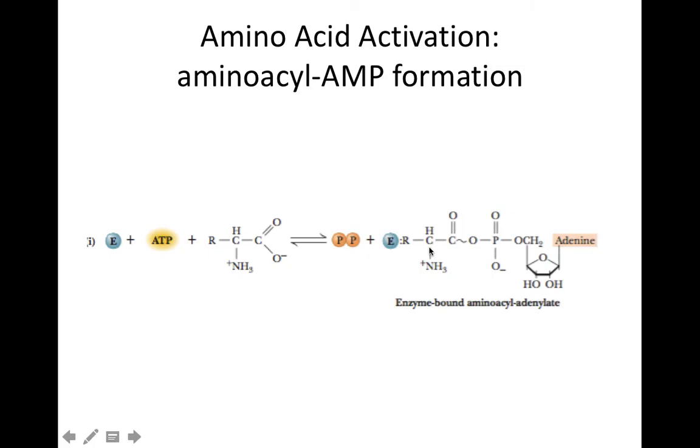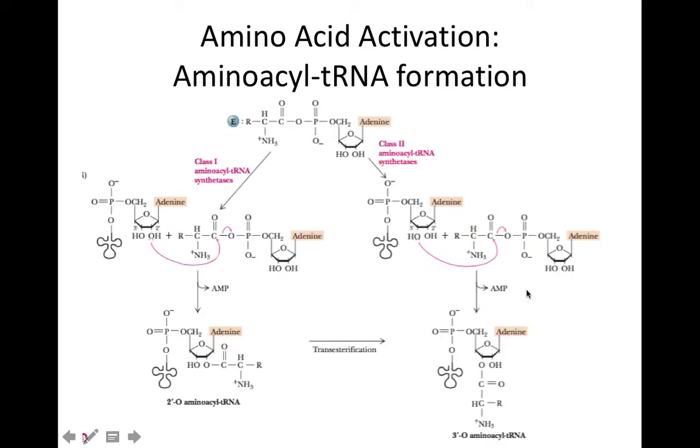Here, this is the part where your ATP interacts with the amino acid. This is your amino acid, this part, and this is the part of your adenosine monophosphate. So now we have an activated amino acid.